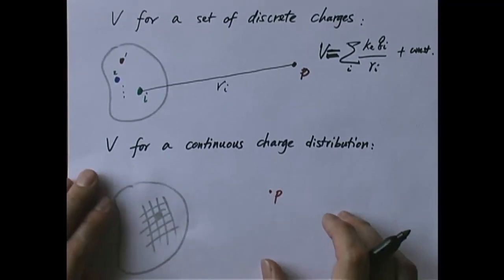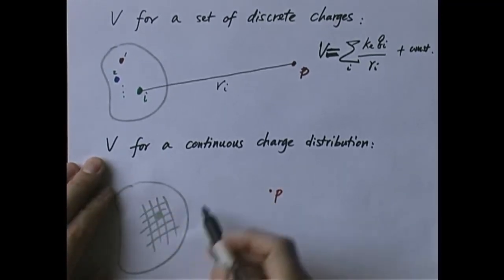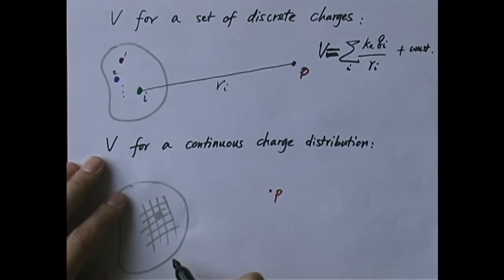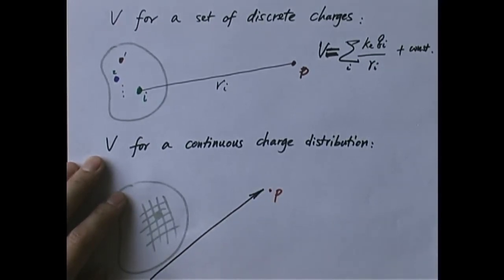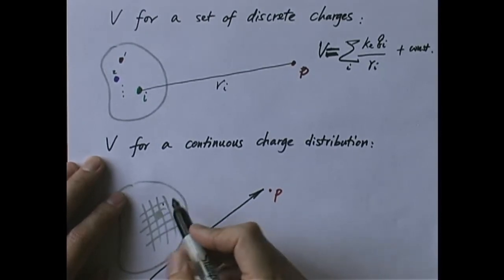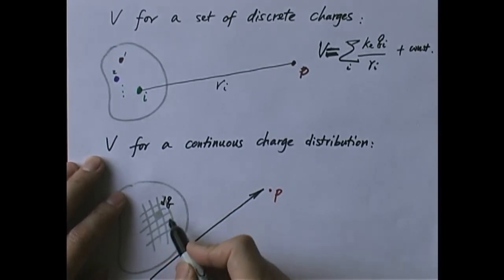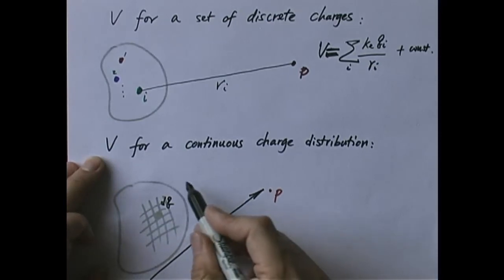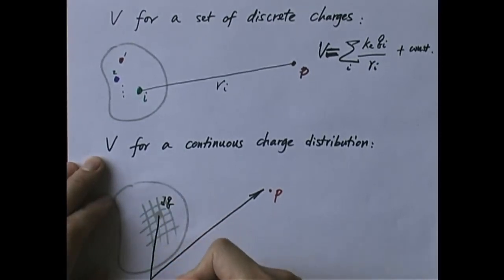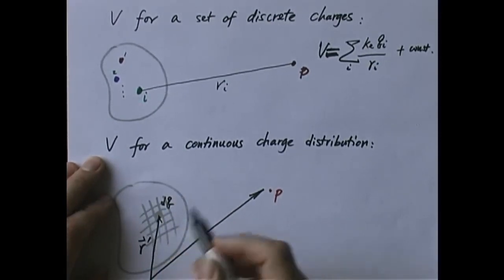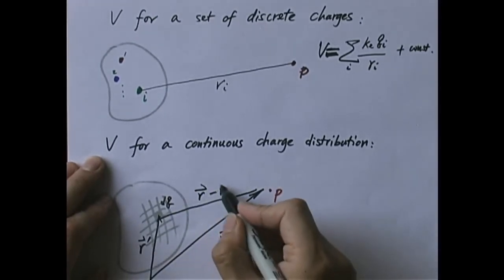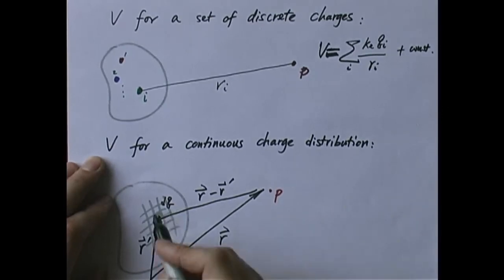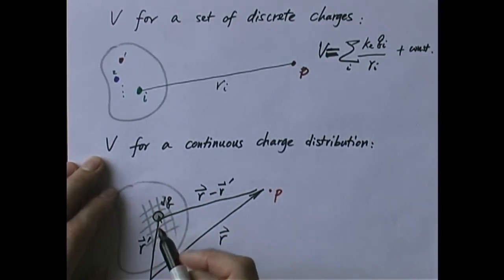And in the case of a continuous charge distribution, what I can do is just like we did before. I choose an origin here. This is the dq, an infinitesimally small part of the source, and this is r prime, and as you know, this is r minus r prime. Let me first figure out the electric potential produced by dq, an infinitesimally small charge.